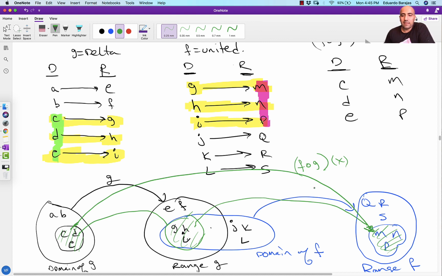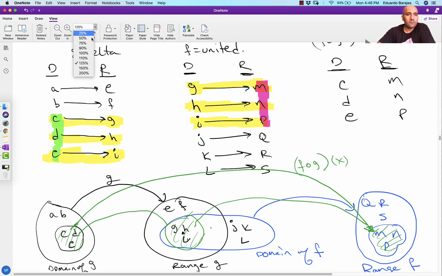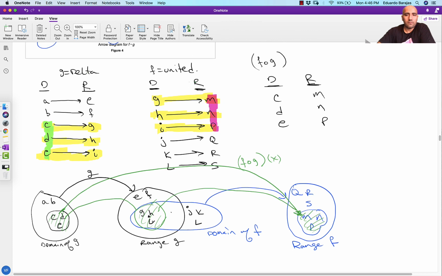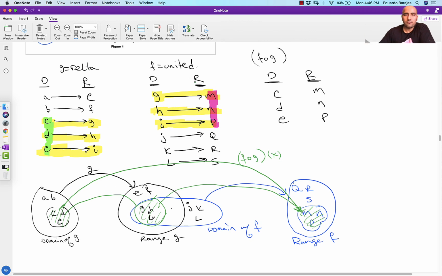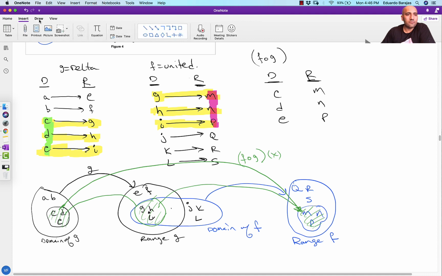So if I just connected them from beginning to end and kind of ignore that middle step there, I can start off in one of these three cities, C, D, and E, and ultimately lead to either this city, M, N, or P. Right? So this would be the domain and range of the composition function.